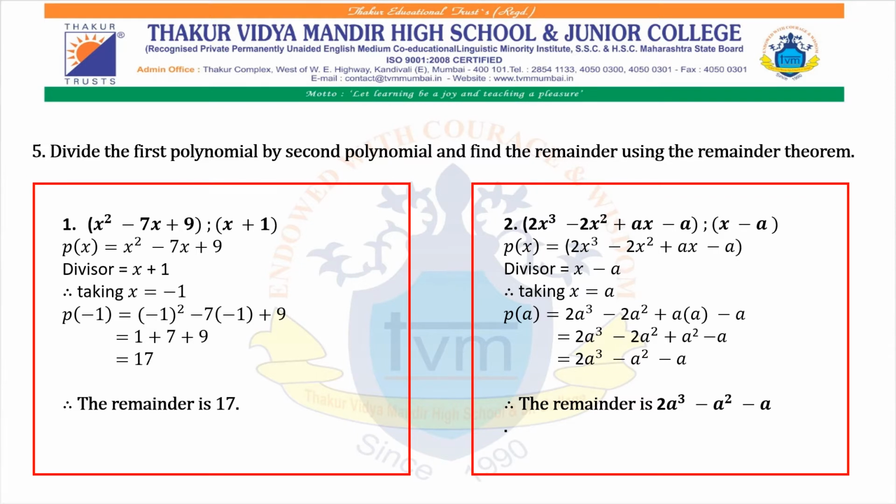So 2a³ − 2a² + a·a − a. After solving we get 2a³ − a² − a. So the remainder is 2a³ − a² − a. The third question of the same question 5 is given for self study because that is similar to this one.